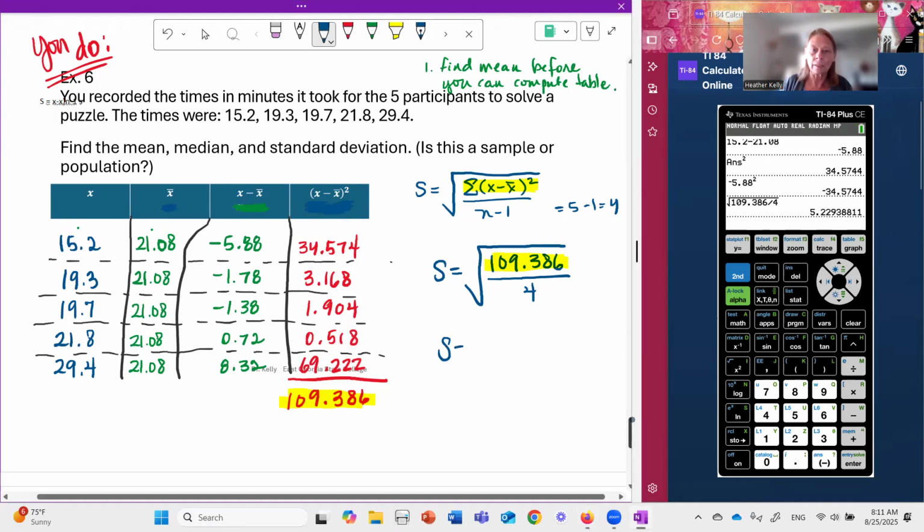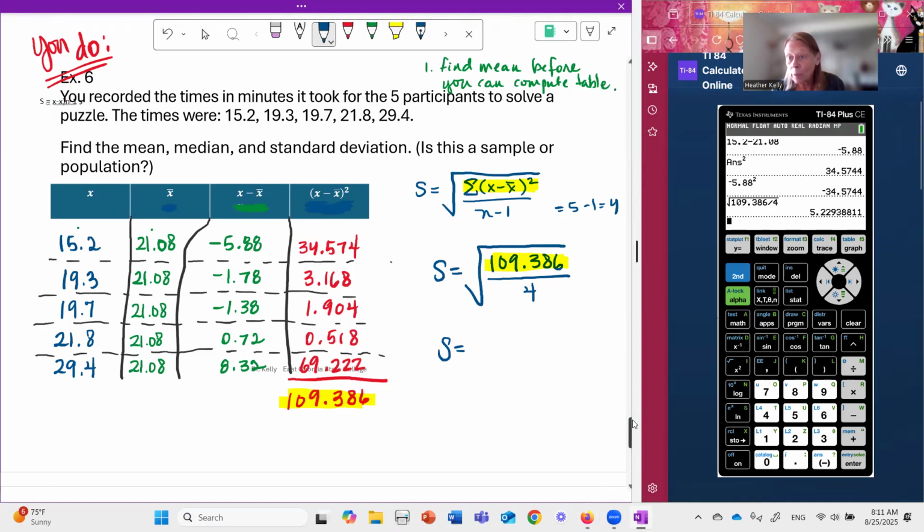And so our S is equal to, we need to go out 3 decimal places, so we got 5.2293. So it's going to be 5.229.